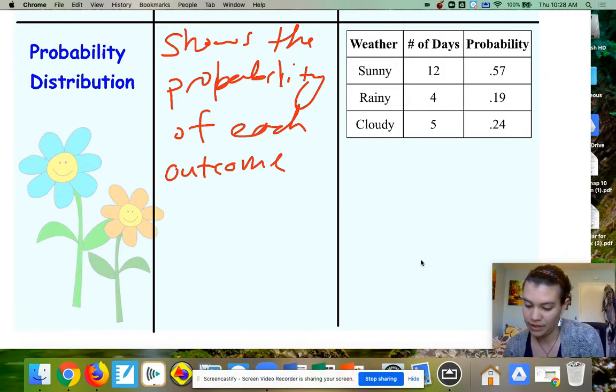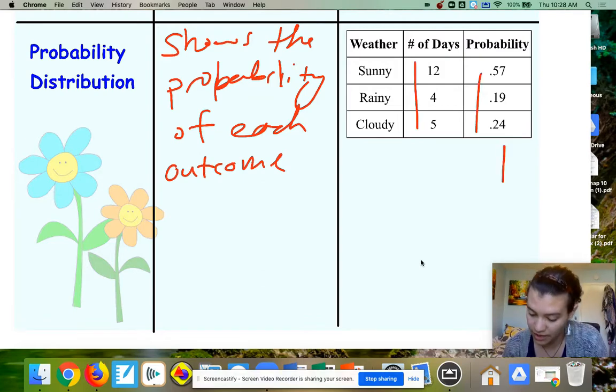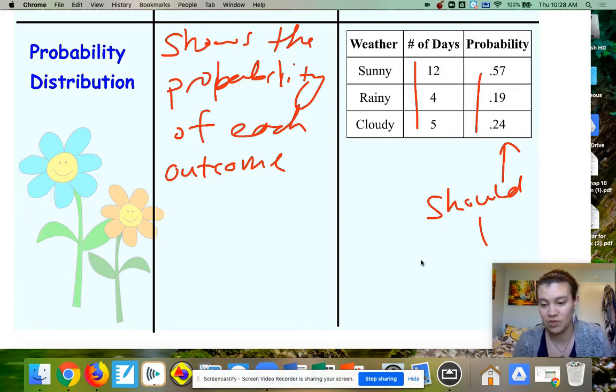So here, there's your frequencies, here's your probabilities, and note this column should add to 1, or right about 1 with rounding, so it's close to 100%.